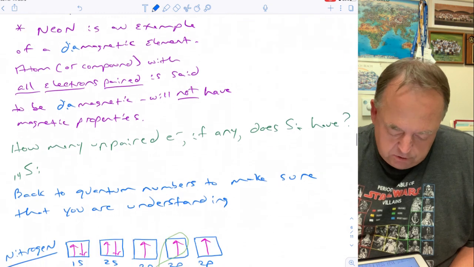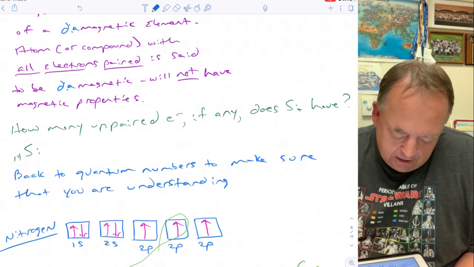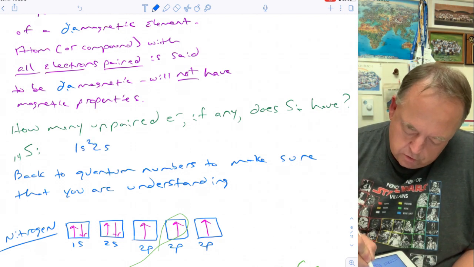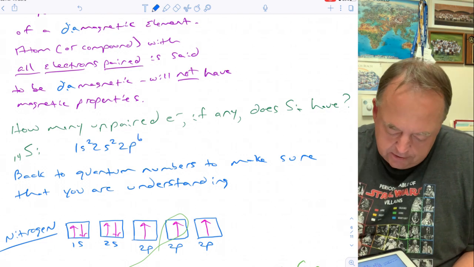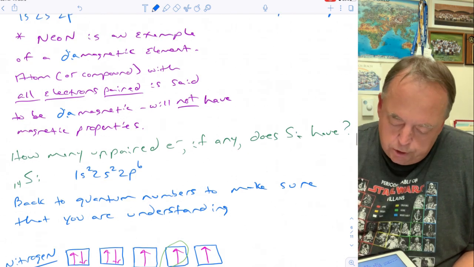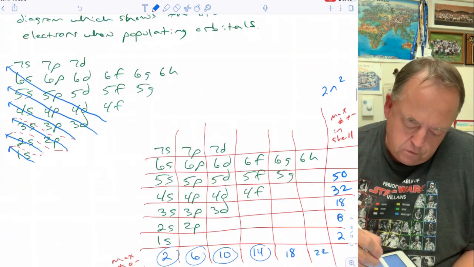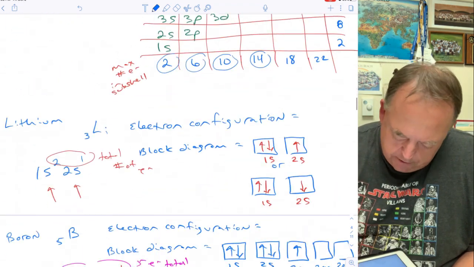Okay, how about silicon? So how many unpaired electrons does silicon have? So silicon is element number 14, so 14 electrons, so 1s2, 2s2, and then 2p6. So that's 10 electrons. So where do you go after 2p? After the 2p is full, then you go to the 3s, and then after the 3s is full, then you go to the 3p.